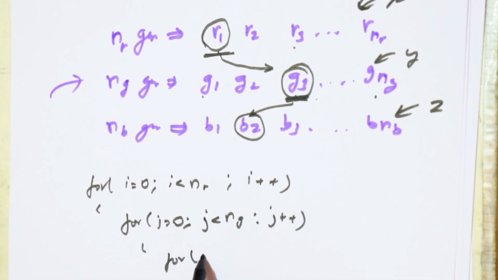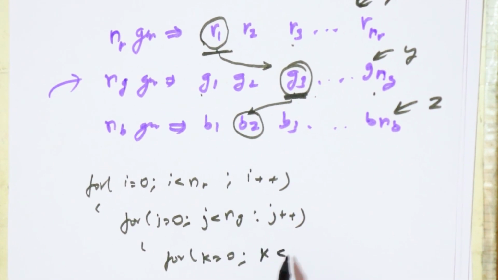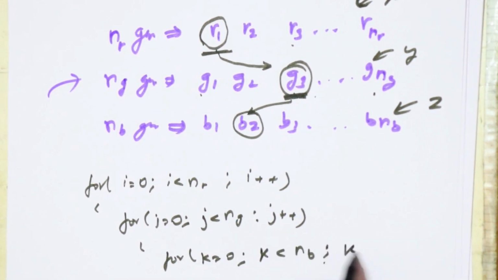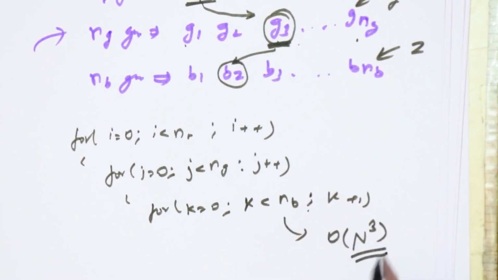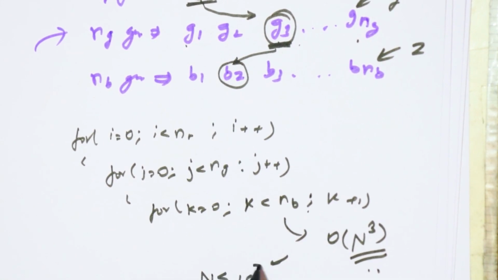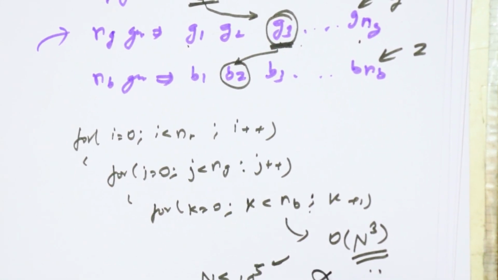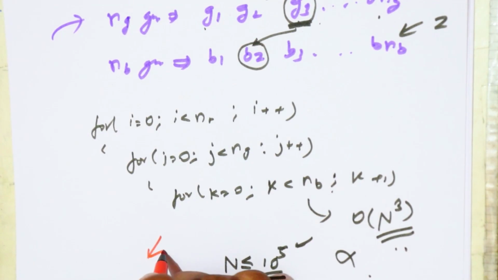Then for k equal to 0, k less than nb, k plus plus. So it will be O of n cube, as you can see. But in the problem statement it is given that n is up to 10 raised to the power 5, so it will not work. So basically the basic intuition is that we have to choose one element.